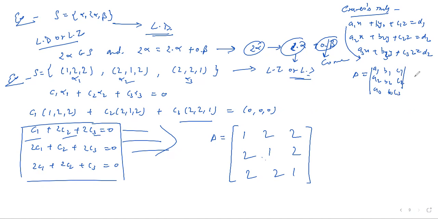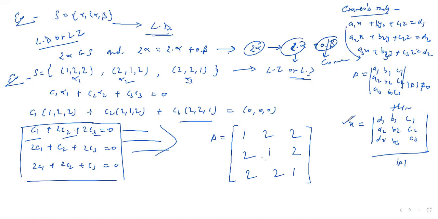If the determinant of A is not equal to 0, then we can find the solution x, y, z. For x, we replace the coefficients of x by d1, d2, d3, keeping b1, b2, b3 and c1, c2, c3, and divide by the determinant of A. That's how we get the value of x, and similarly for y and z.